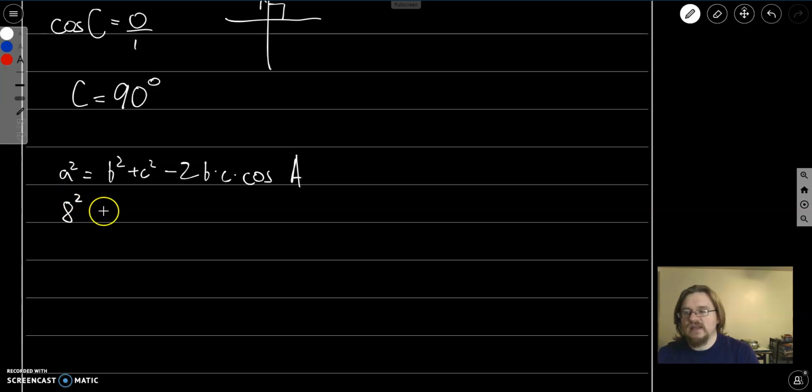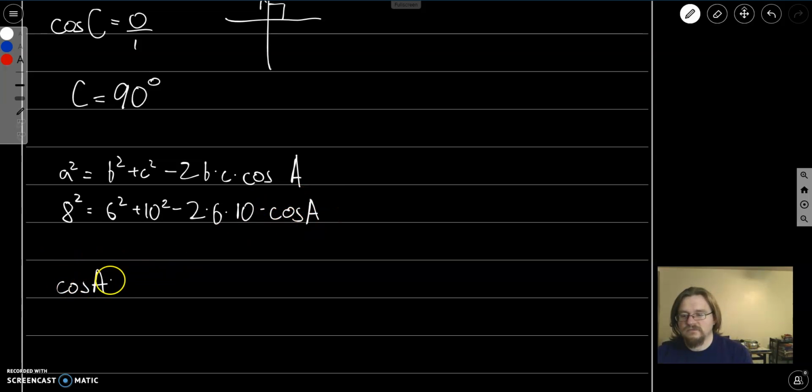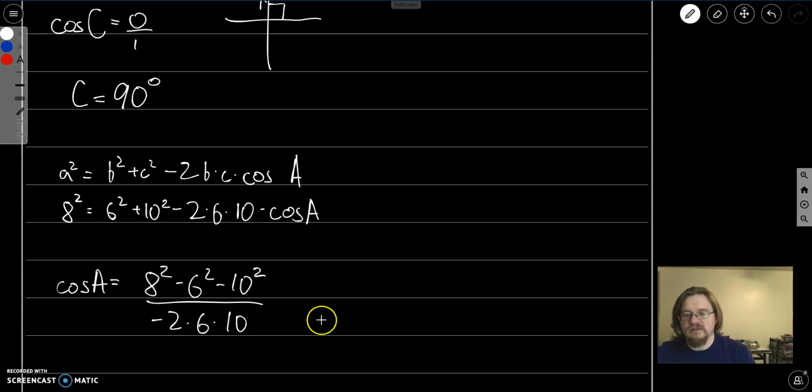So we'll have 8 squared is going to be equal to 6 squared plus 10 squared minus 2 times B, which is 6, times C, which is 10, times the cosine of A. So again, if I solve for the cosine of A, what I will get is going to be 8 squared minus 6 squared minus 10 squared, divided by negative 2 times 6 times 10.